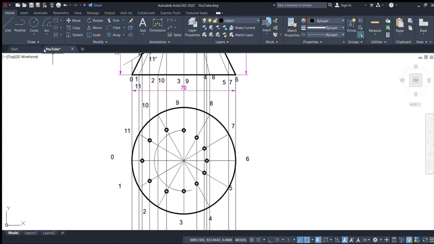So once you have all those markings, now you can join the points using a fair curve, and use the outline to mark the arc.